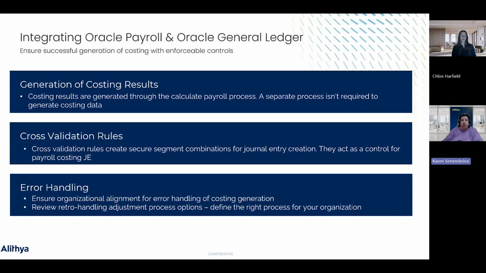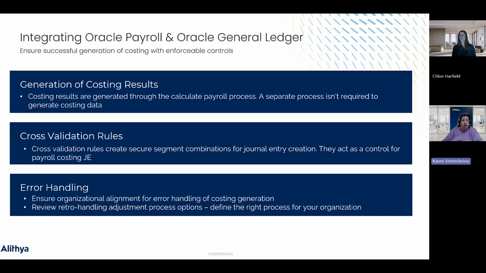You normally, in GAAP processing, don't usually assign a cost center to a deduction because it's a pass through. So I've seen an out of the box standard cross-validation rule that says you should never have a cost center or an HR department on a liability account.